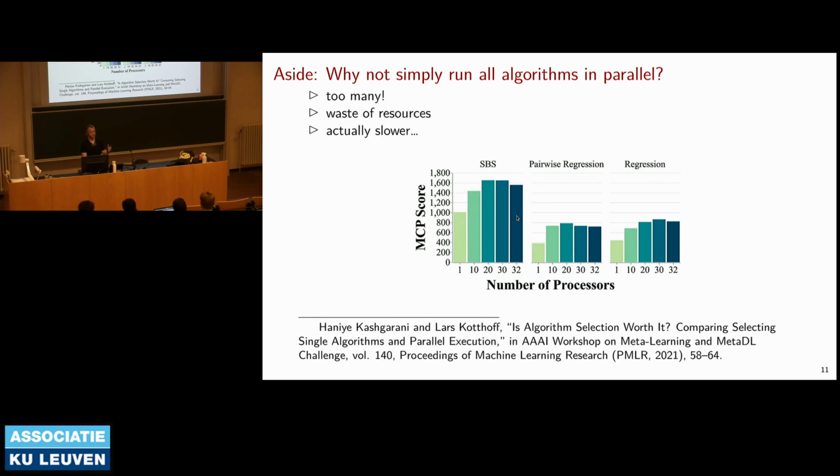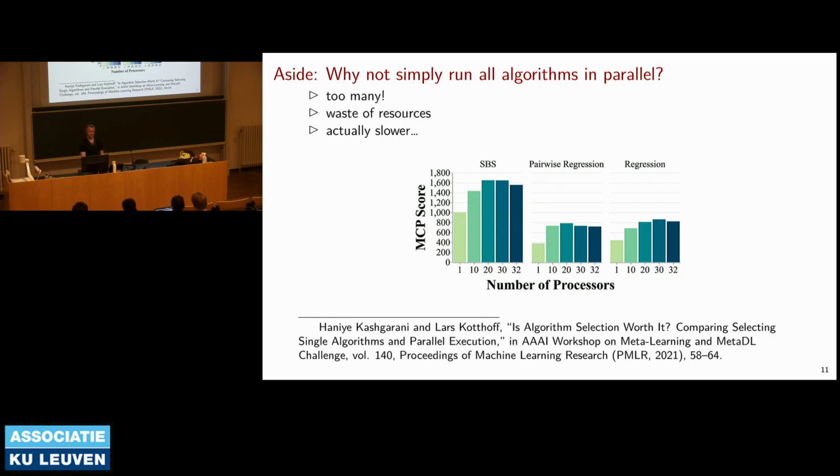That is simply because, as you all know, if I run more than one thing on a processor, everything tends to slow down, because we have only one cache, depending on which level of the hierarchy we're looking at, and everybody is accessing this shared memory through a shared bus, and that tends to slow things down in practice. So it really is worth it, unless we're talking about something like 2 or 3 algorithms, and then, okay, you can simply run everything in parallel.